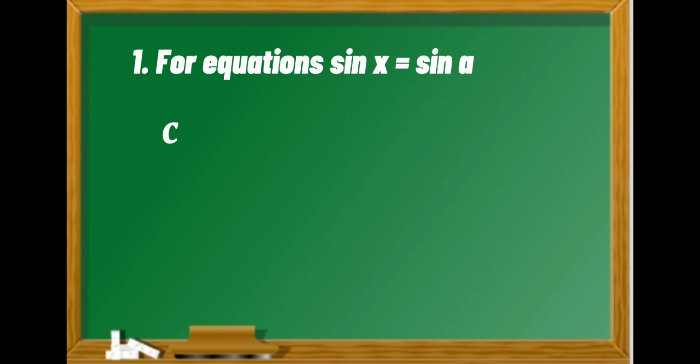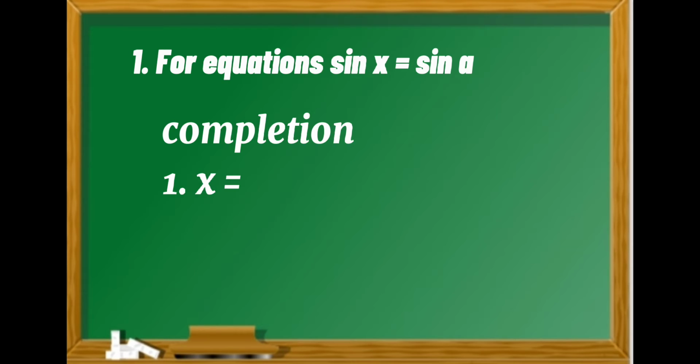The first formula is x equals alpha plus k times 360 degrees.